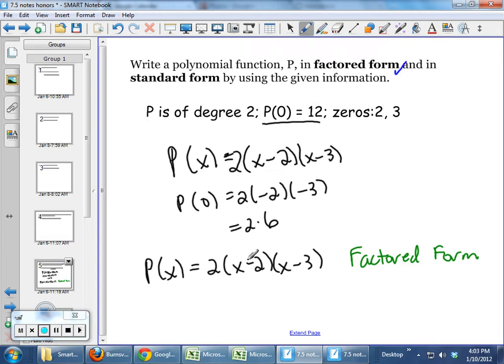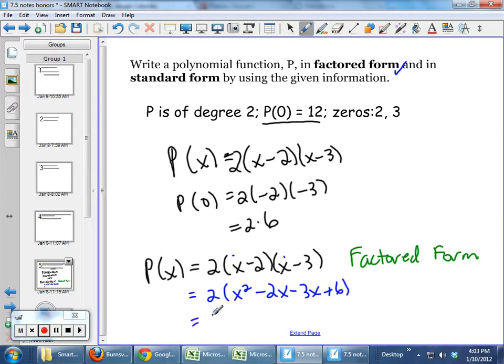And standard form is just multiply out these two binomials. So many of you know it as FOIL. So x times x, that's x squared. And then minus 2x minus 3x. And I got the minus 3x by negative 3 times x. And then negative 3 times negative 2 is plus 6. And then we'll distribute the 2 into everything.